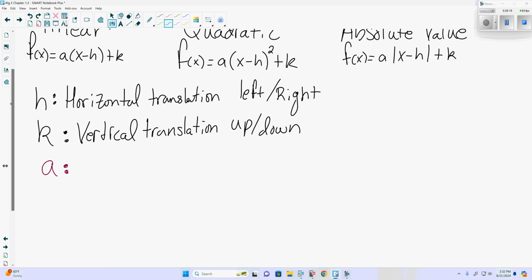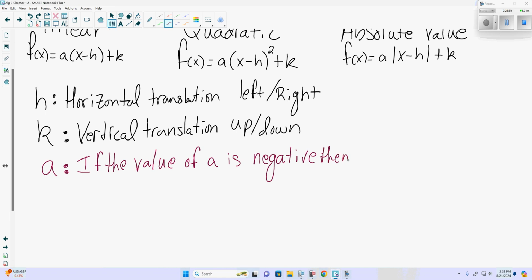If the value of A is negative, specifically negative, it is a reflection. So if it's just positive 2, there is no reflection. It is specifically the negative.